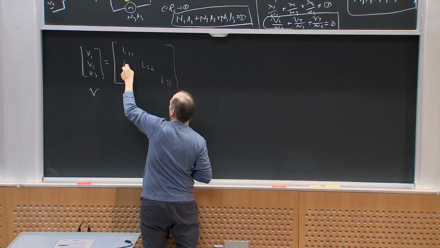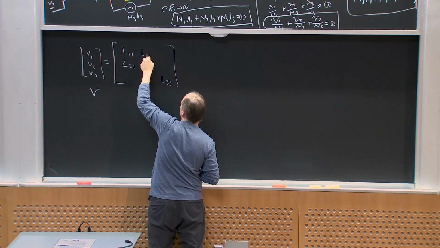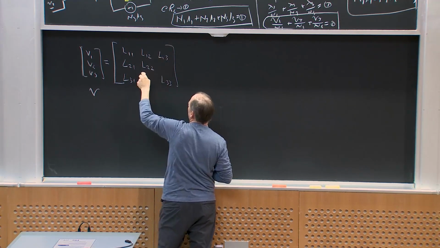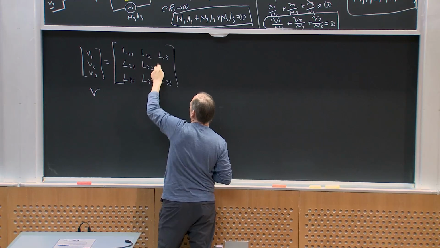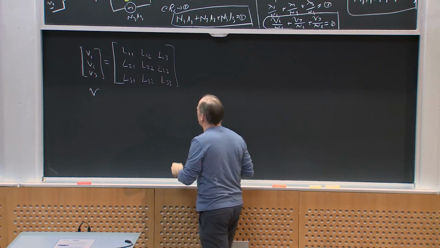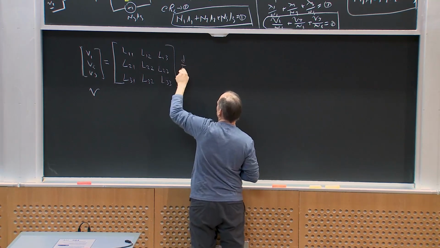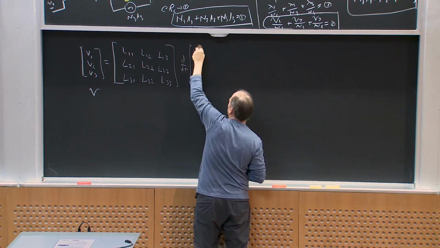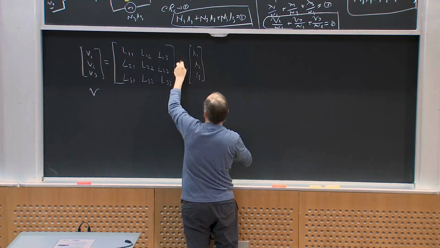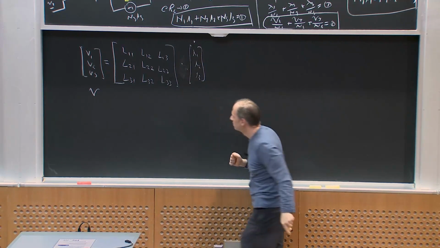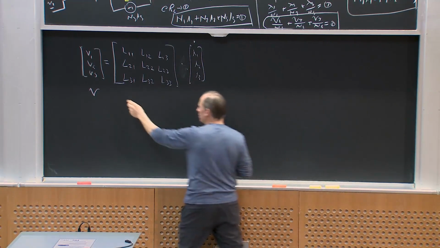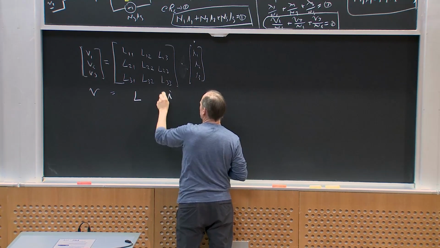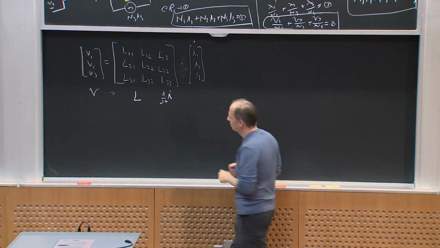So L21 would equal L12, L31 would equal L13, and L32 would equal L23, okay? Times d/dt of I1, I2, I3. Maybe I would write it as I1, I2, I3 dot. So this is V equals L matrix times I dot, or di/dt. Okay?